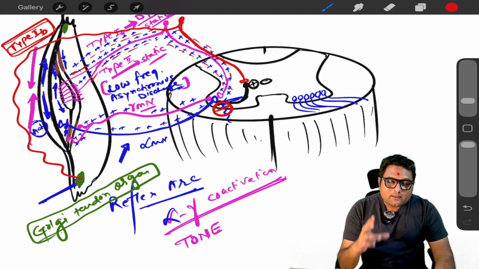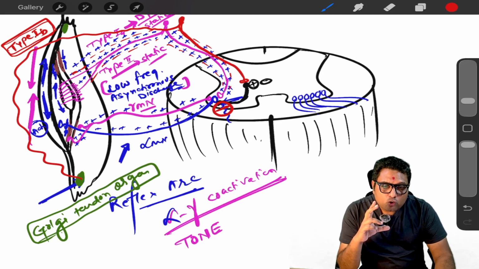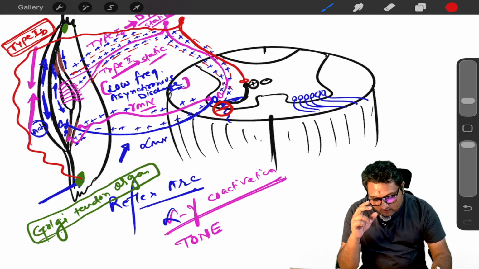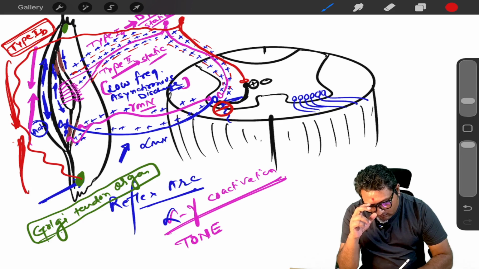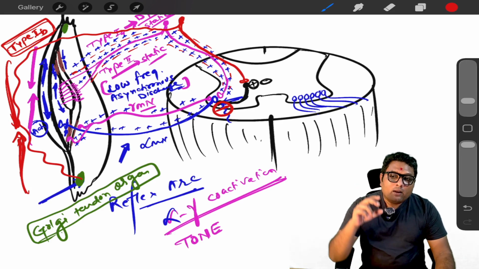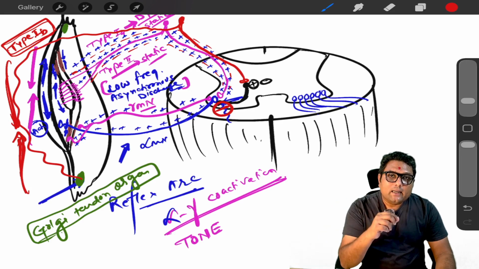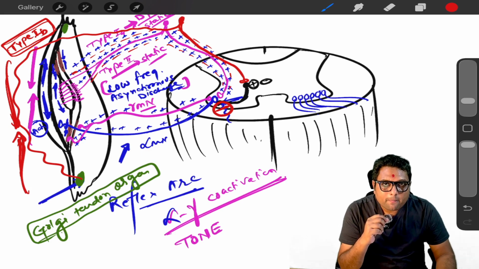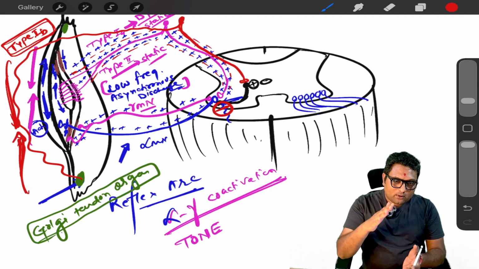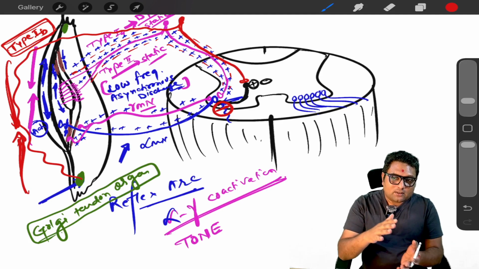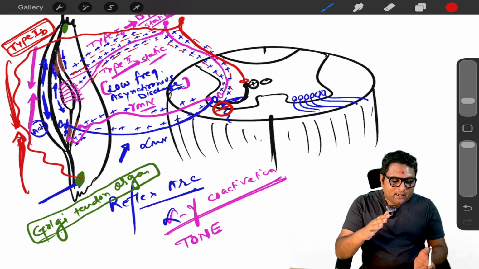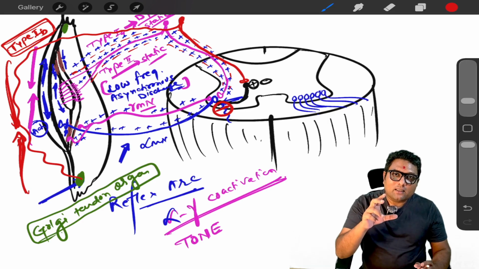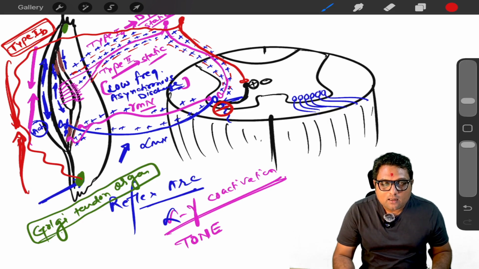Now, the question is how these type 1B fibers get stimulated. When the muscle is too much contracted, and there is too much tension in the muscle, the moment comes when the muscle is about to detach from its attachment.